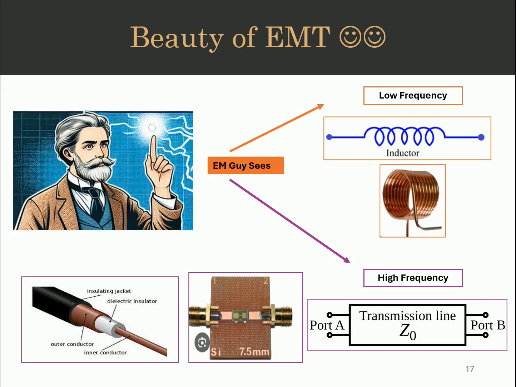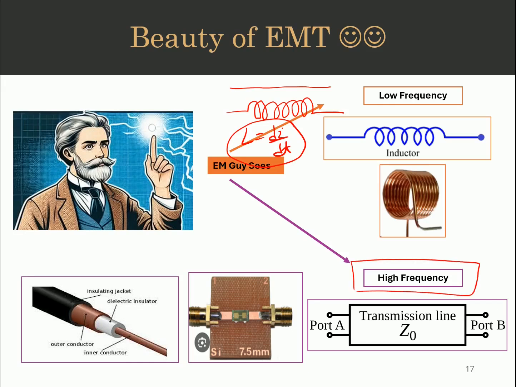Let's say if we lower the source frequency, we see that the wire behaves as an inductor, which means these characteristics will be dependent upon di by dt. So this is the change that we are going to have. This is the inductor's behavior. Similarly, if we increase the frequency, it is going to behave as a transmission line. So what is a transmission line? We are going to look into that as well.